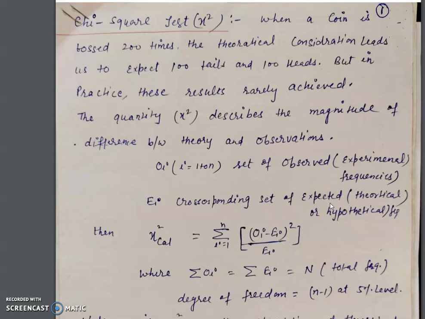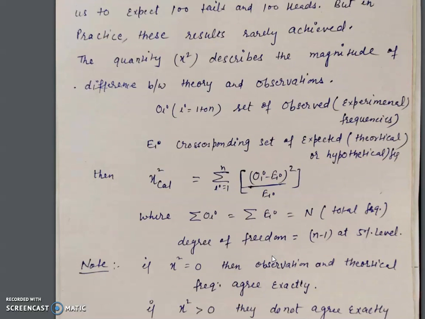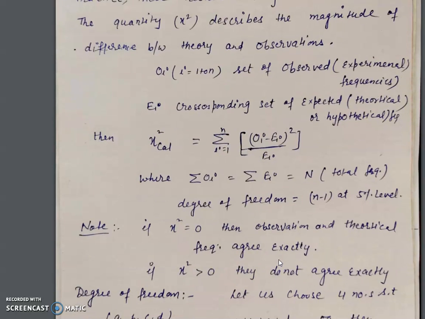The formula of this chi-square test is sigma i goes from 1 to n, (Oi minus Ei) whole square upon Ei, and the value of sigma Oi equals sigma Ei, which is capital N, the total frequency. The degree of freedom is n minus 1 at 5% level. We can see this value in the chi-square table.